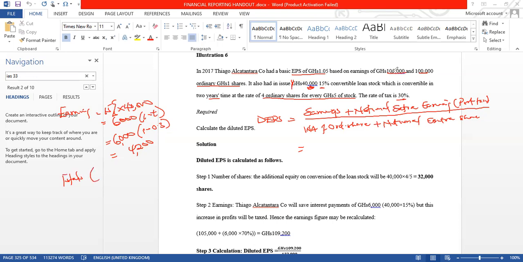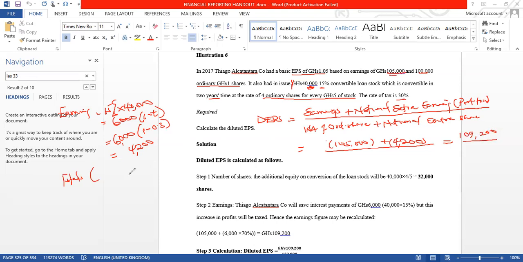We already had 105,000 from the initial one, plus the post-tax notional extra of 4,200. This ends us with 109,200.